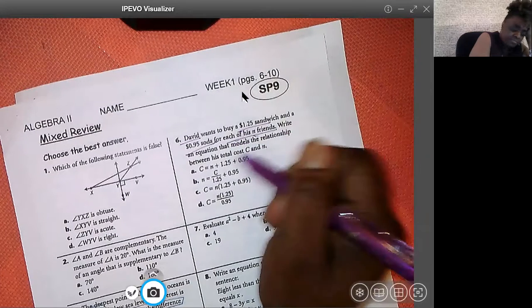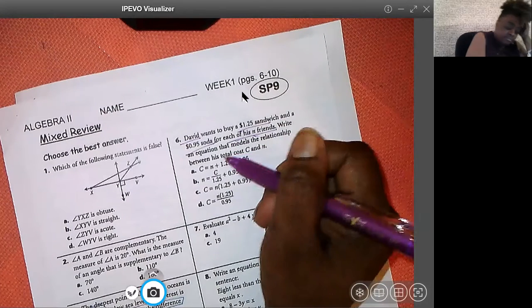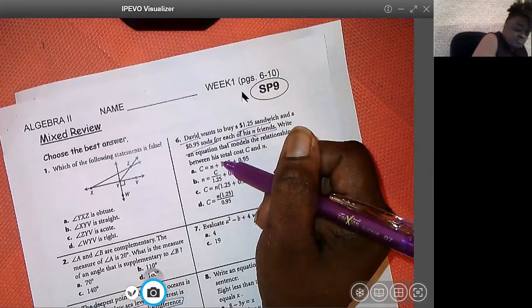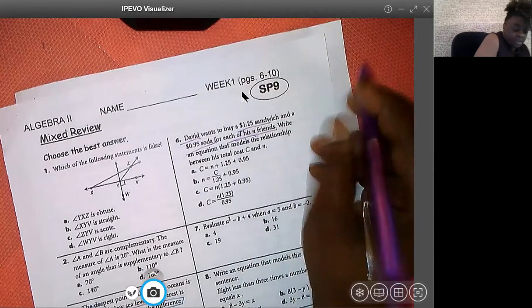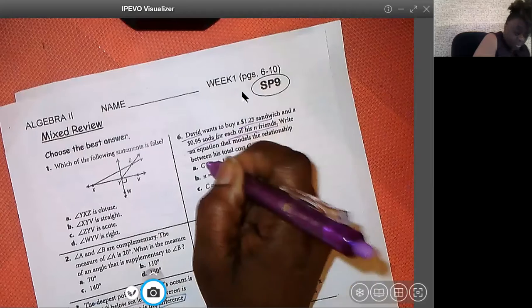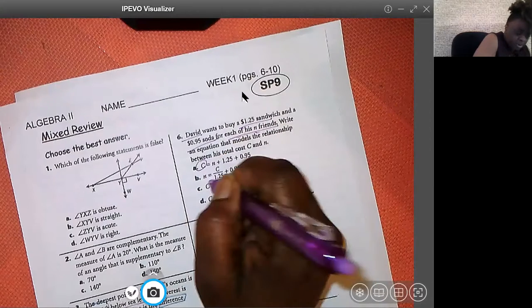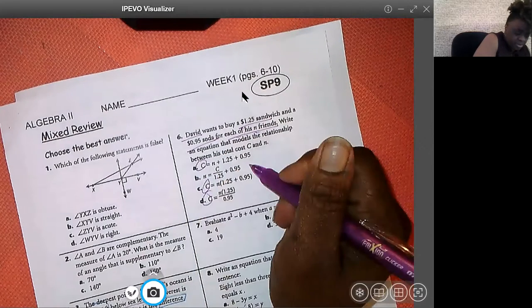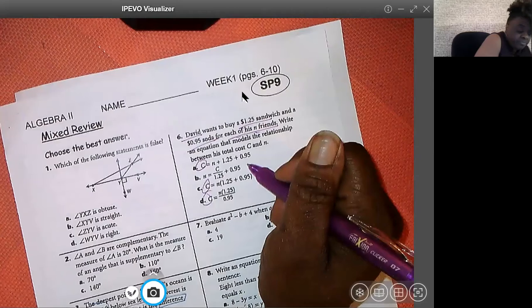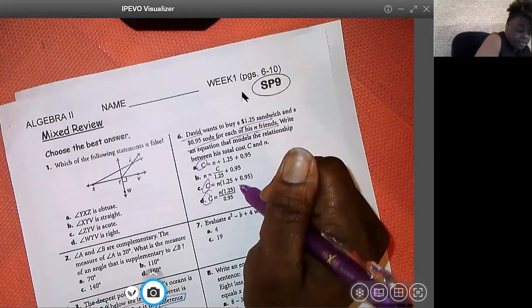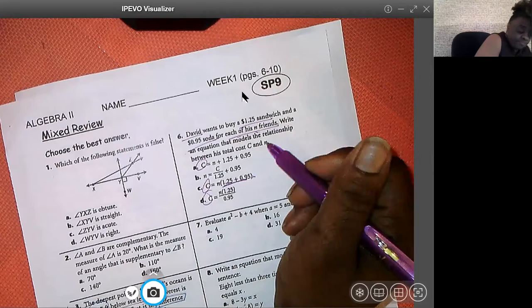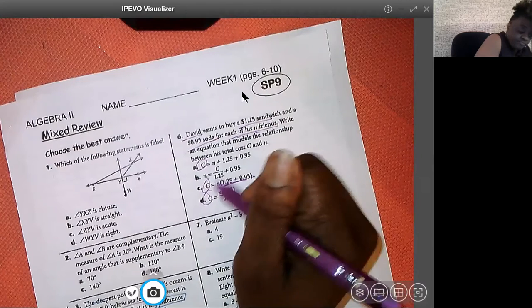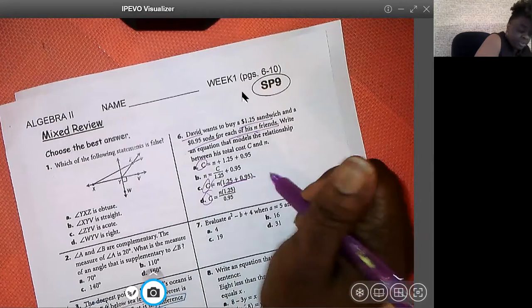Which equation models the relationship of the cost? So we know that we're going to need these C's because that's the total cost. And he wants to buy sandwiches for each of his friends. And we had a number of friends. So that will leave us with C.